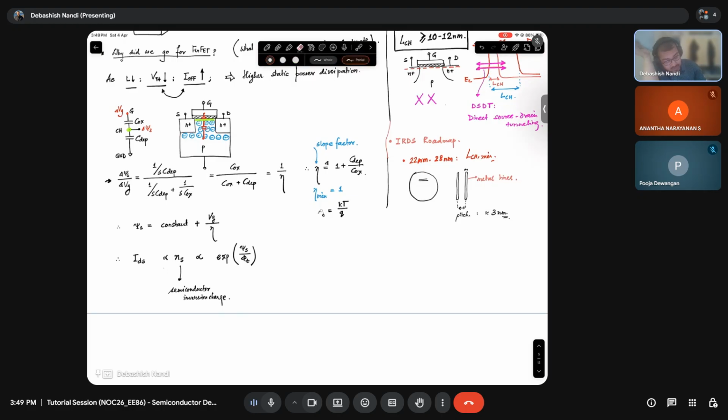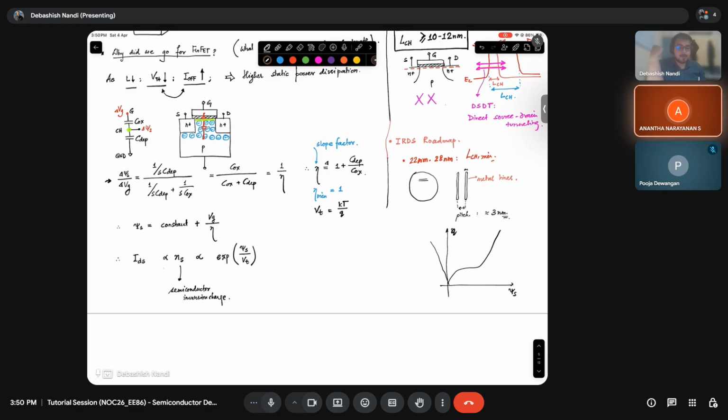If you are not familiar with phi t, I can just make it Vt. You have seen this, right? That this goes like this. This is your Q versus psi S. You have seen this plot, right? Yes, sir.